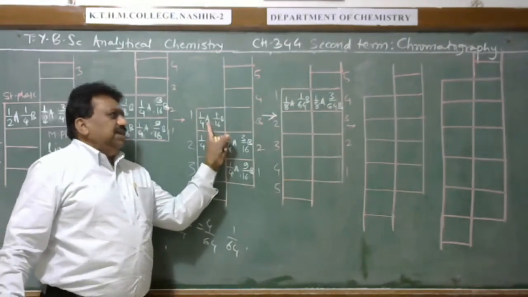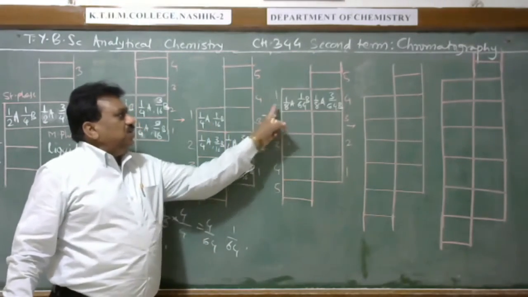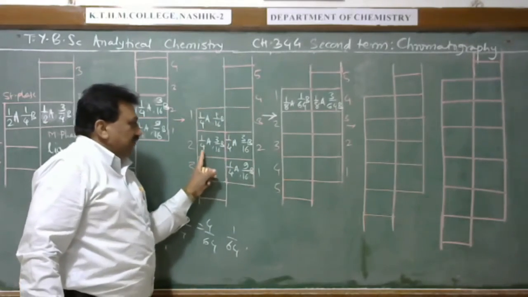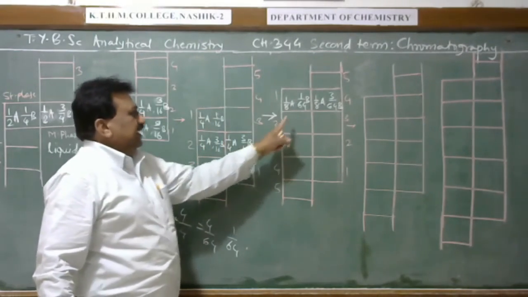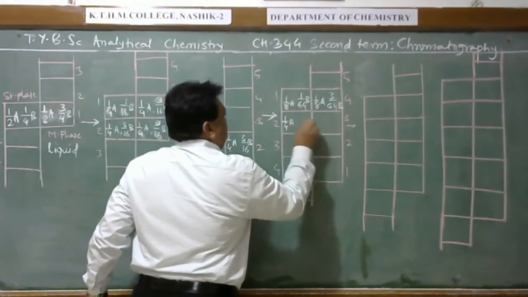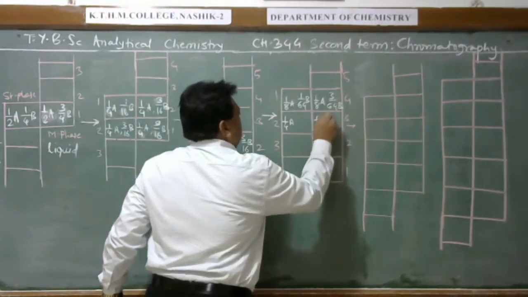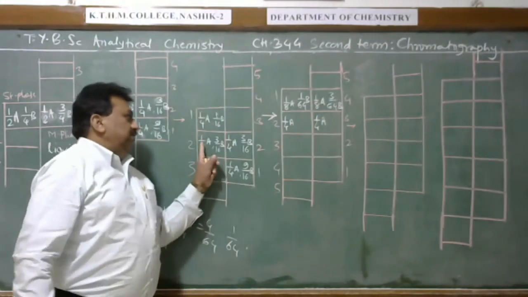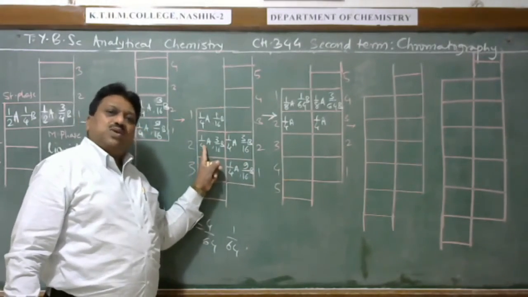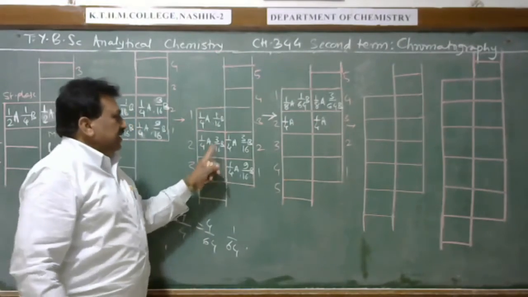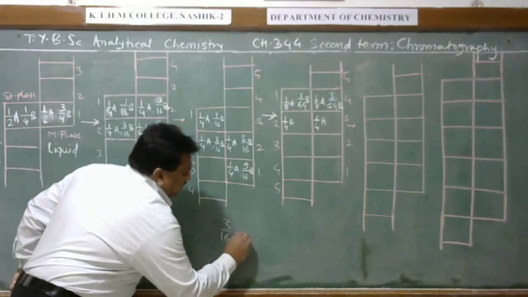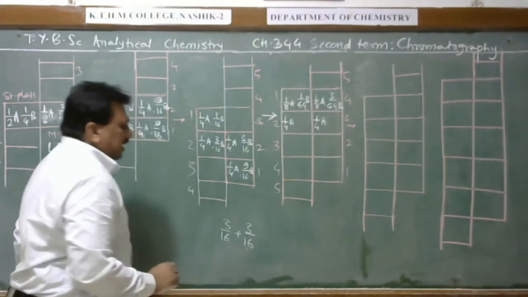The box in front of this will get distributed in this fashion. Now here 1/4 A is present in both the boxes, that means A is equally soluble. Therefore, there is no distribution of A when the mobile phase also contains 1/4 A and the stationary phase also contains 1/4 A. But here we have 3/16 B in the stationary phase plus 3/16 B in the mobile phase.